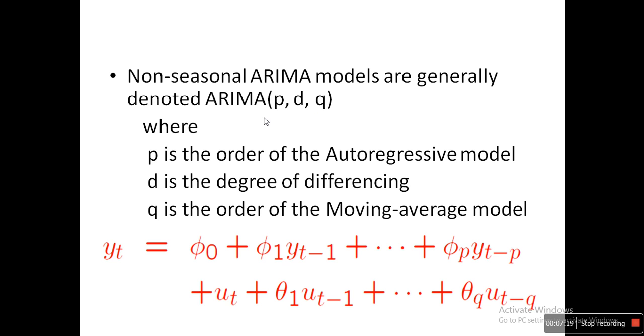What is this p? p is the order of the autoregressive model, meaning how many data terms we can add to predict the current value at time t.